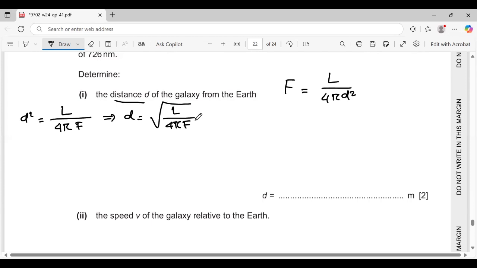Now substitute all information into d. d equals the square root of L, which is 1.90 times 10 power 36, over 4 pi times 8.42 times 10 power minus 16.